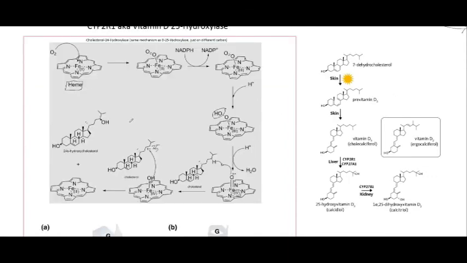And so we see that we have this up here where we have the carbon, and then two methyl groups on it.